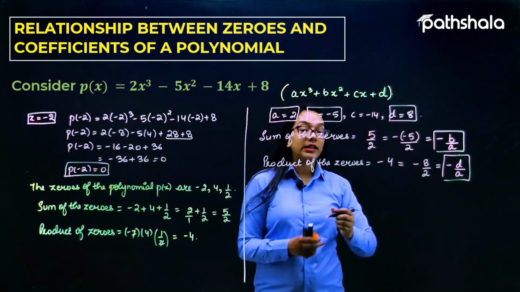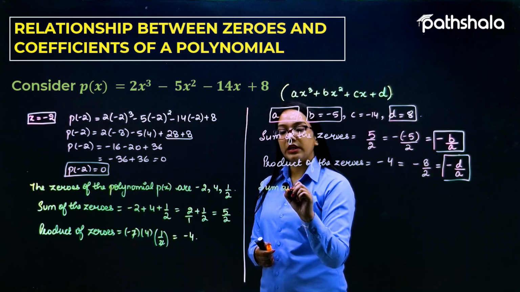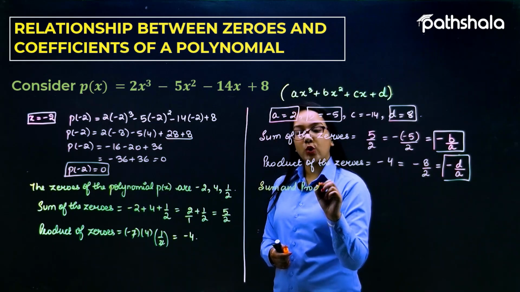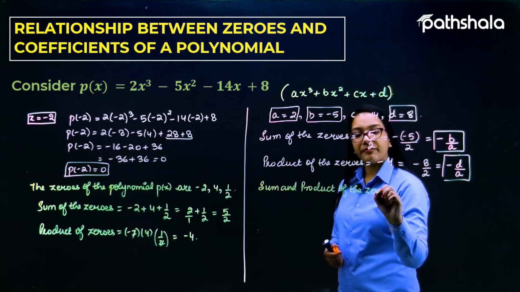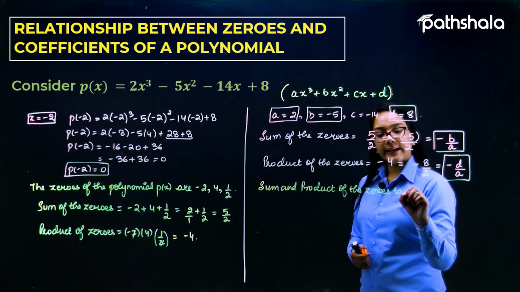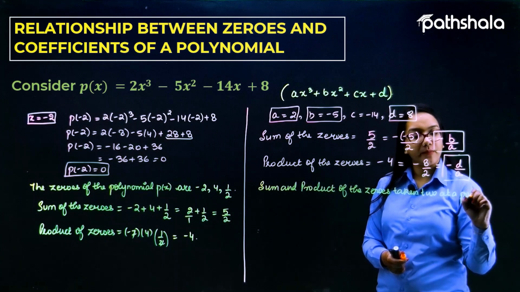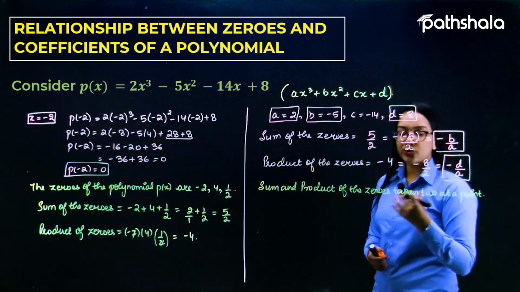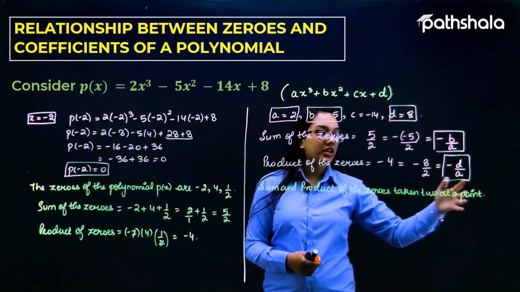Here we have another relationship as well, that is the sum and product of the zeros taken two at a time. There is an extra relationship between these zeros, the sum of the products of the zeros taken 2 at a time.